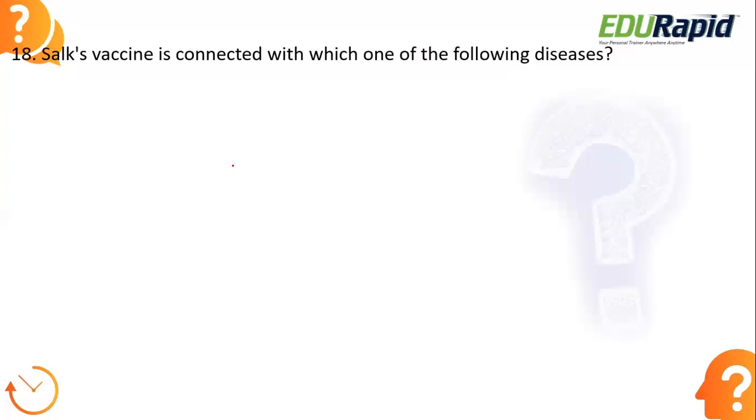Salk's vaccine is connected with one of the following diseases: smallpox, tetanus, TB, polio.